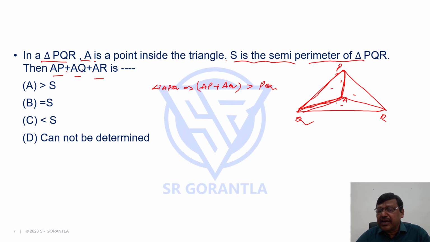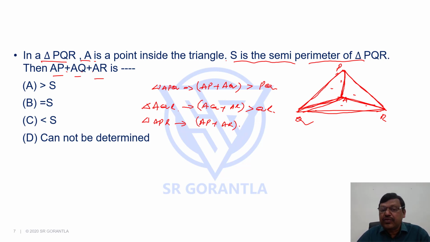Similarly, if I consider triangle AQR, I can say AQ plus AR is greater than the third side, that is QR. And if I consider the third triangle, triangle APR, AP plus AR is greater than the third side, that is PR.